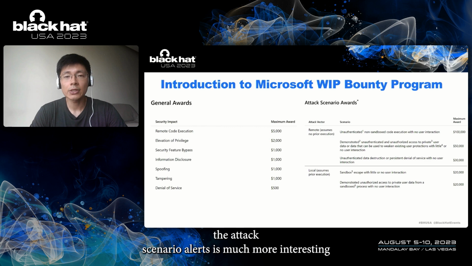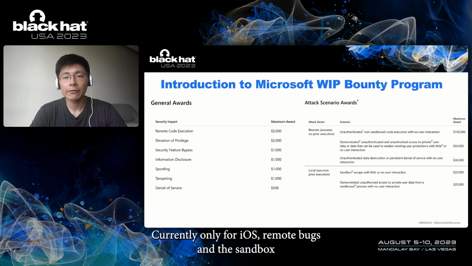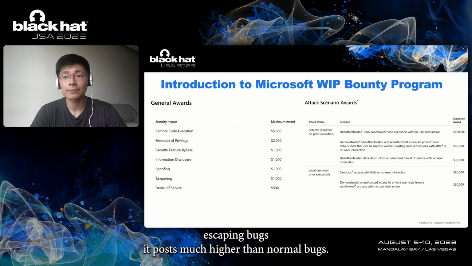The attack scenario awards are much more interesting. They award bugs for particular scenarios, currently only pre-auth remote bugs and sandbox escaping bugs. It pays much higher than normal bugs. The max payout is $100,000 for a single pre-auth RCE bug.